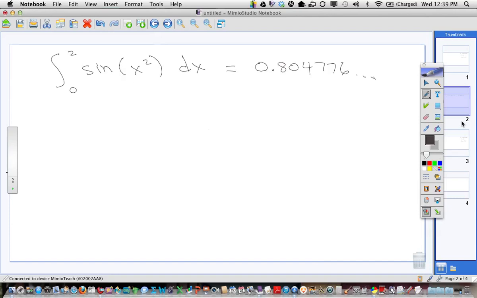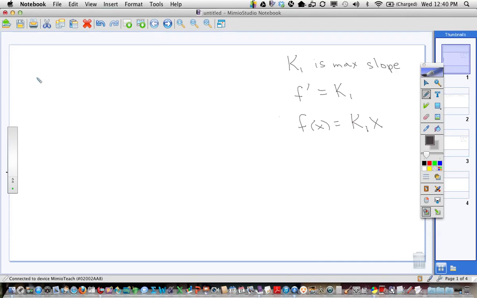Now that's if it's a line. If it's a curve, of course it also has slope. And so what makes left rectangles worse for one function versus another? The steeper the graph is. Think about it: the steeper the graph is, the worse a left rectangle will be. If I've got a graph that kind of does this, a left rectangle's not bad. But if I have a graph that is going way up like this, then a left rectangle is going to have more error.